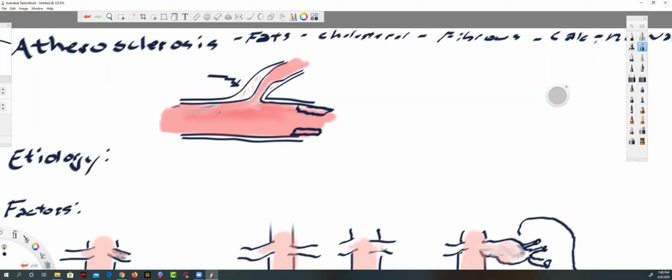Just like in the carotid, where we were more likely to find carotid plaque at the bifurcation of the internal and external, and also in the bulb. The plaque in the aorta is more likely to occur with these branch arteries right at the beginning of the arteries. So this is the SMA.